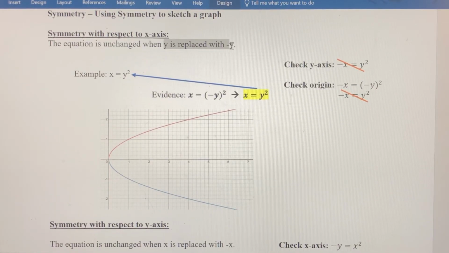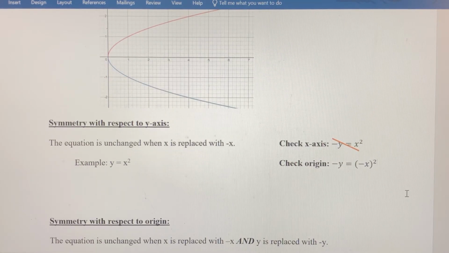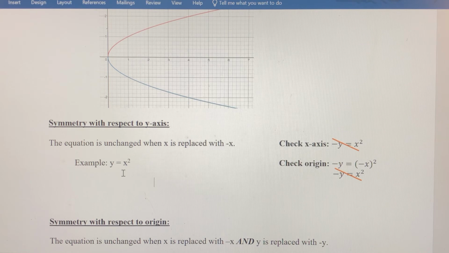There's no simplifying that can be done, and that doesn't match, so there's no x-axis symmetry. Checking origin symmetry, we replace y with negative y and x with negative x. When we simplify, the left side stays the same and the right side becomes x squared. That doesn't match what I started with, so no origin symmetry.